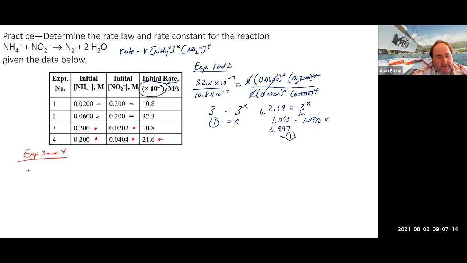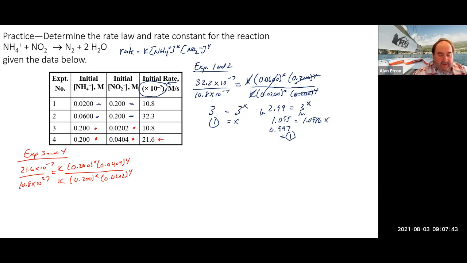That means 21.6 times 10 to the minus 7 is equal to k times 0.2 to the x, 0.0404 to the y, dividing it by our number 3 on the bottom: 10.8 times 10 to the minus 7, our k, and 0.2 to the x, 0.0202 to the y.